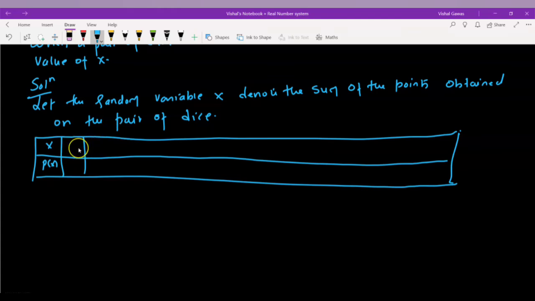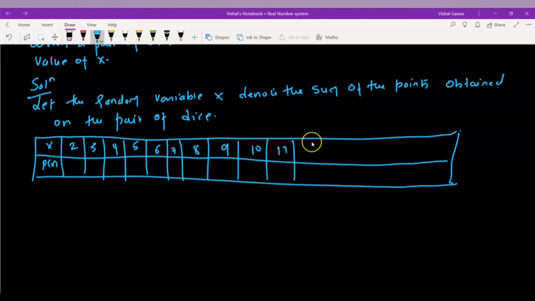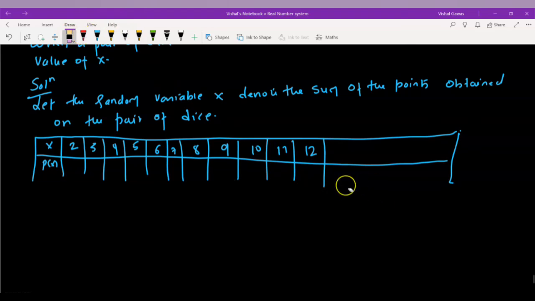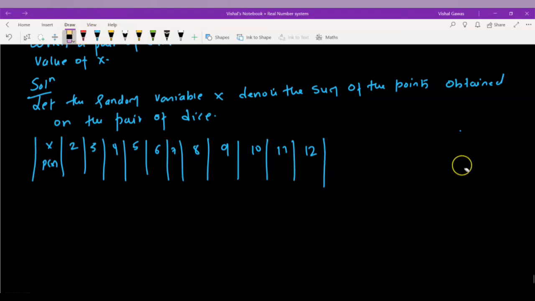When both have 1 1, it will be 2. Then 3, then I can get 4, 5, 6, 7, 8, 9, 10, 11, and finally I can get 12. I cannot get anything more than 12, because I have only 6 and 6 together when I throw the dice.